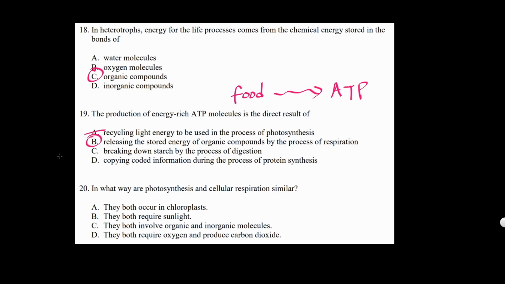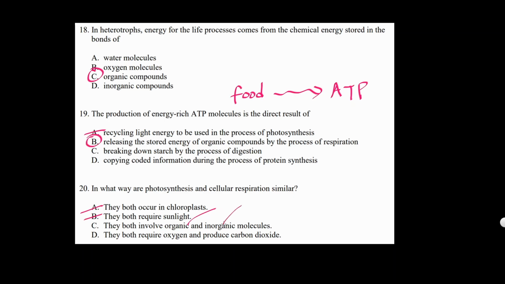Number 20. In what way are photosynthesis and cellular respiration similar? They both occur in chloroplasts? Nope. Only photosynthesis. They both require sunlight? Nope. Only photosynthesis, especially the light-dependent reaction. They both involve organic and inorganic molecules. Organic, we're talking about glucose.